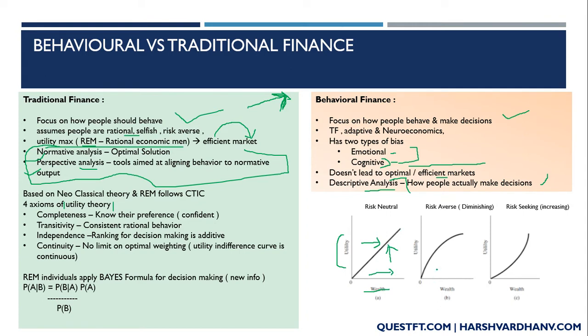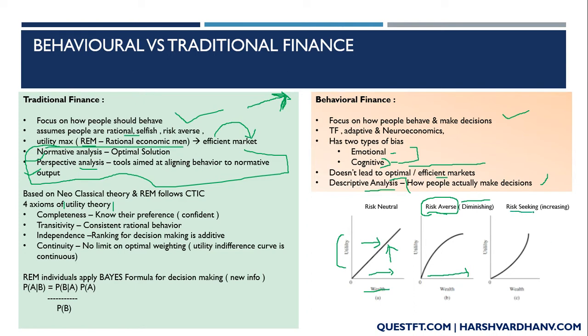But if it's a risk averse investor, there is diminishing utility, because as a risk averse investor becomes wealthier, his utility decreases. He will not invest in risky stocks. When his wealth is increasing, he will look for less risky investments.